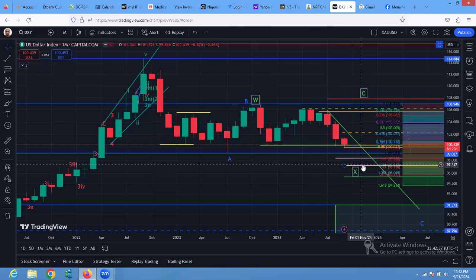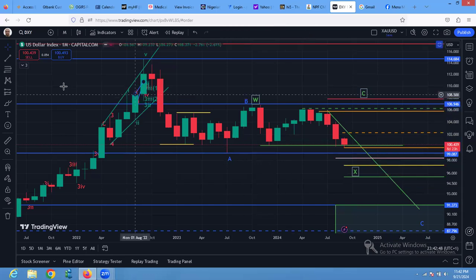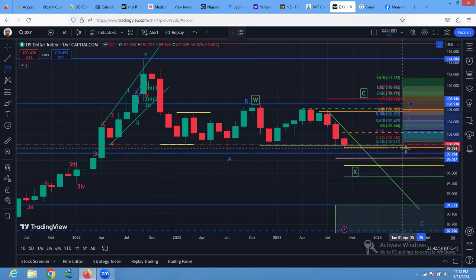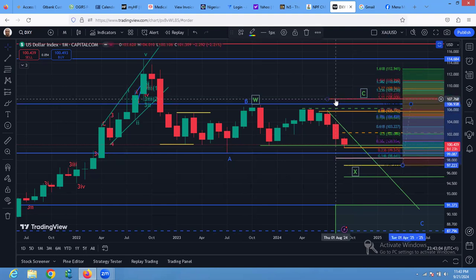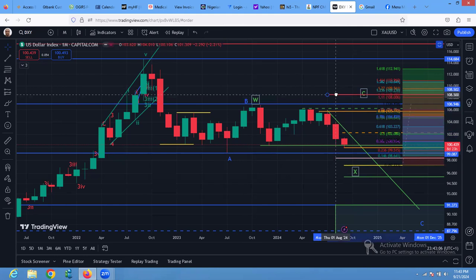If that happens, then we now have an X reacting here. Then in that case, what we may see is that price may now, from here, so this yellow now give us a Y at 123 here.